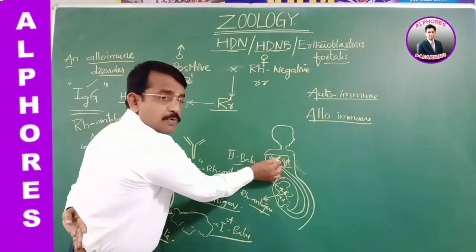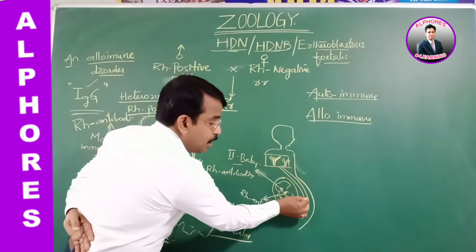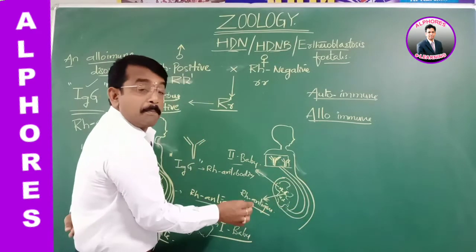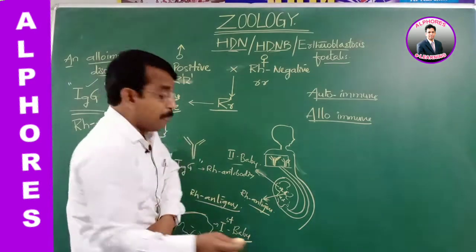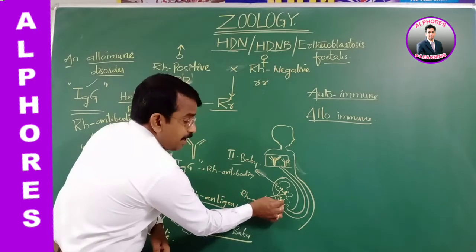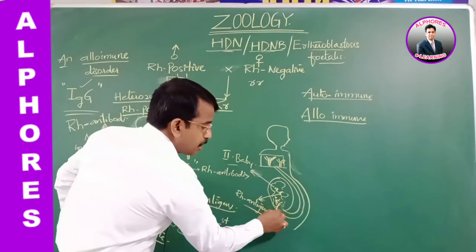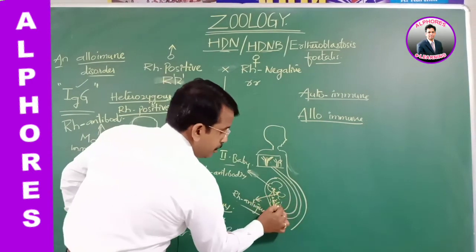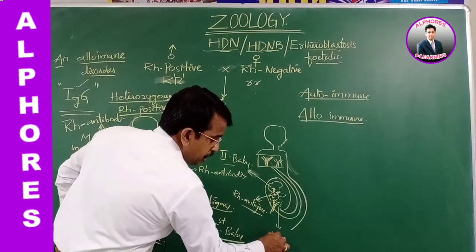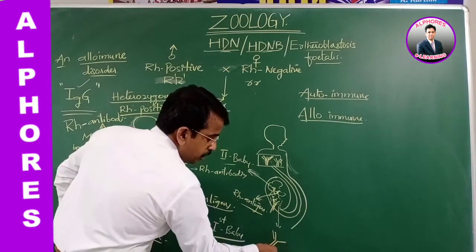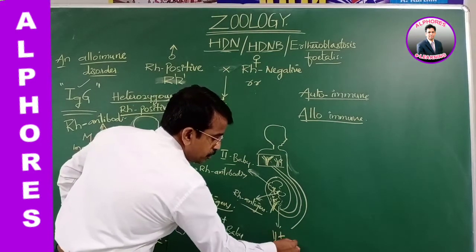The Rh antibodies produced in the mother's immune system pass through the placenta. They cross the placental barrier and enter into the fetus. Now, the Rh antigens and Rh antibodies.